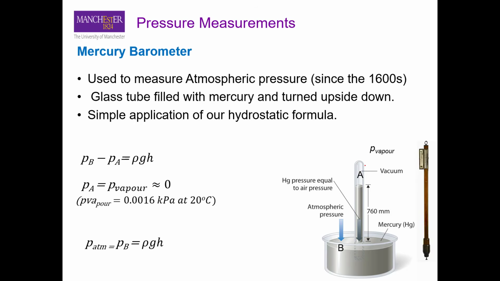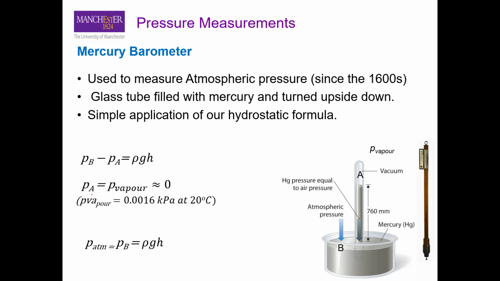And then you have a small void here that is mostly vacuum, or you have a very low vapor pressure of mercury. Okay, so we can write the expression for the pressure, that is PB minus PA. So PB is the pressure due to the atmosphere acting at point B, minus the pressure that is inside this void or inside this tube, that is PA, equal to rho GH.